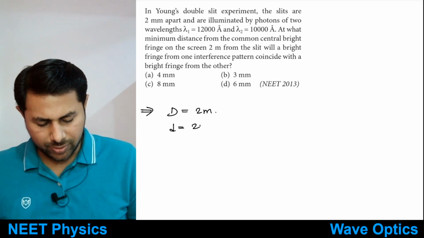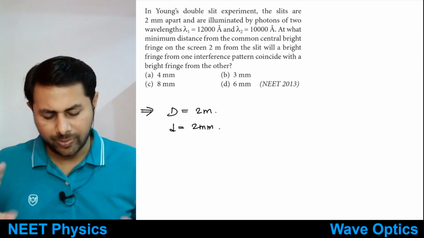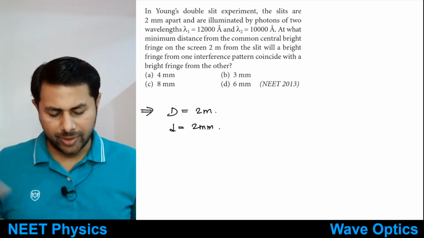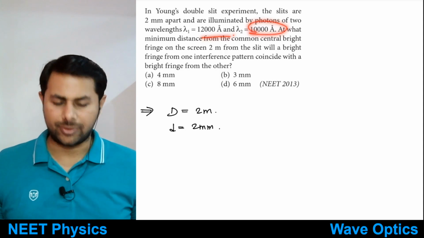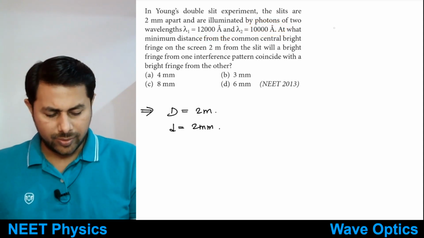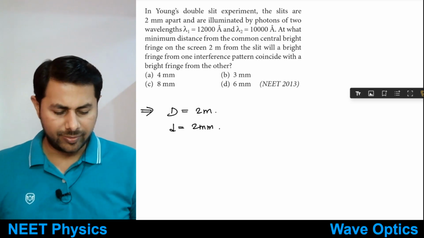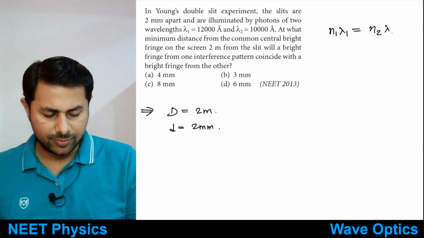Small d is equal to 2 mm. So some bright fringe of the first source coincides with some bright fringe of the second source, right? So bright fringes coincide means n1 lambda 1 must be equal to n2 lambda 2.